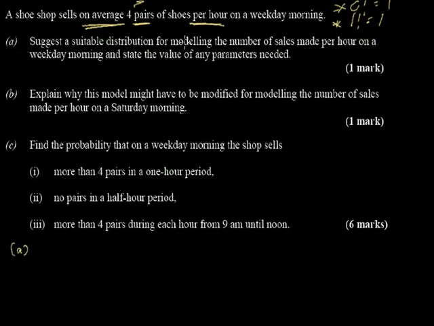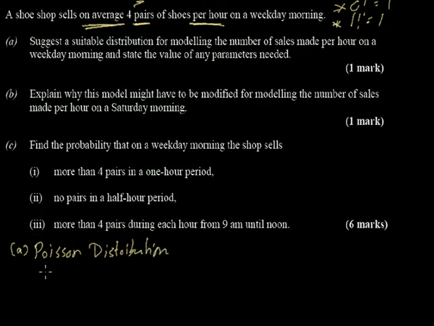suggest a suitable distribution for modeling the number of shoes sold per hour on a weekday morning and state the value of any parameter. So we know the first thing is it has to be Poisson distribution, because we have on an average.